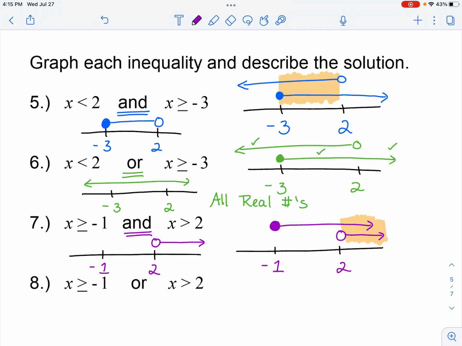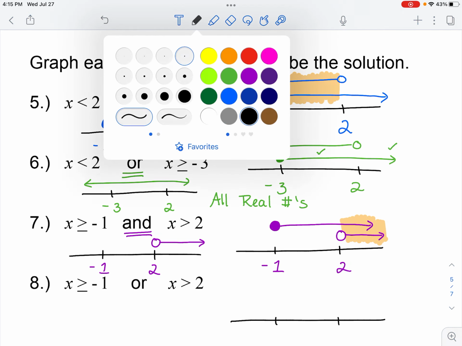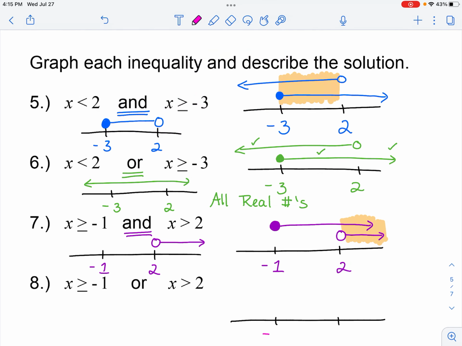All right. Same situation, but with an or. So if I replicate that graph, let's see, negative 1 and 2, closed circle, over, open circle, over. Okay, now I have or. Or means if I can graph it, I can keep it.